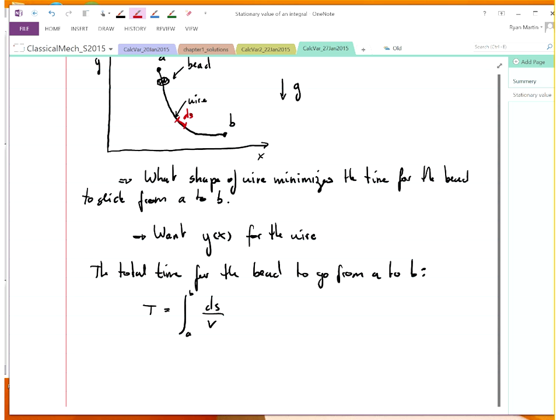So we need to make this presumably an integral over dx, and we also need presumably the function that describes the wire will somehow have to be in there. And we need to know the speed of the bead as a function of where it is on the wire.